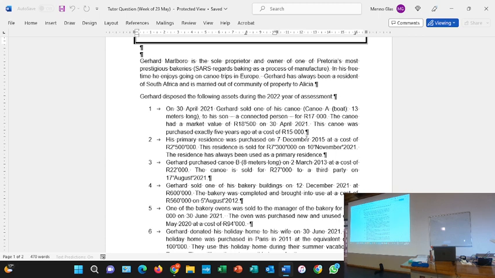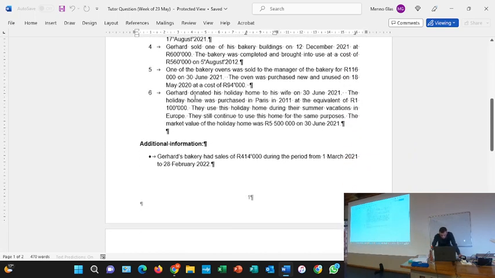It's to adjust that you can't benefit the purchaser because it's a connected person. You can't grant him an asset for less than the value of that asset. Okay, let's just read this additional information, then we can start with the calculation.